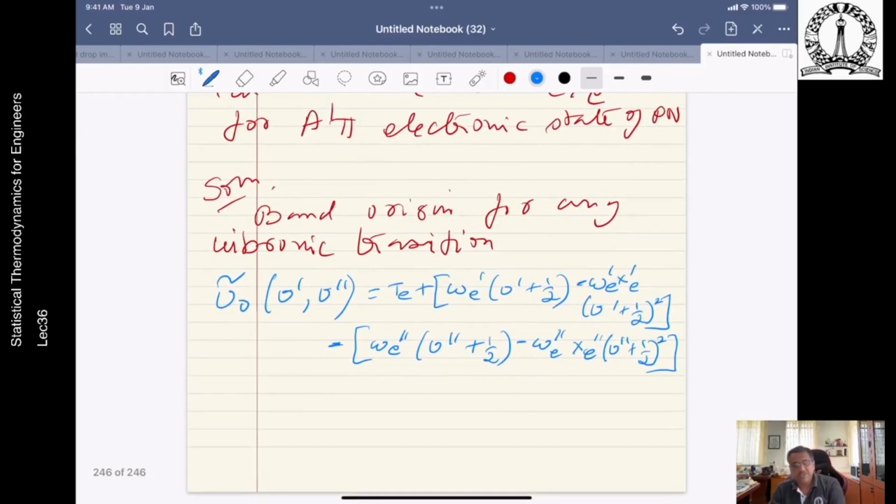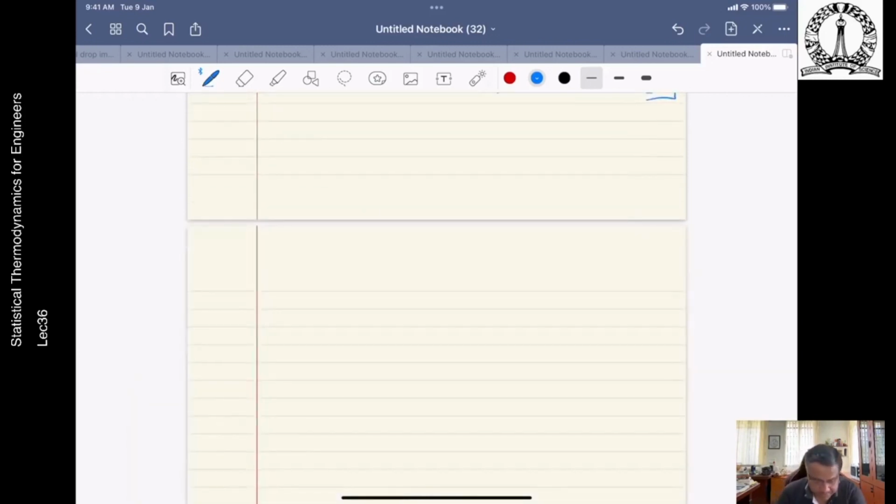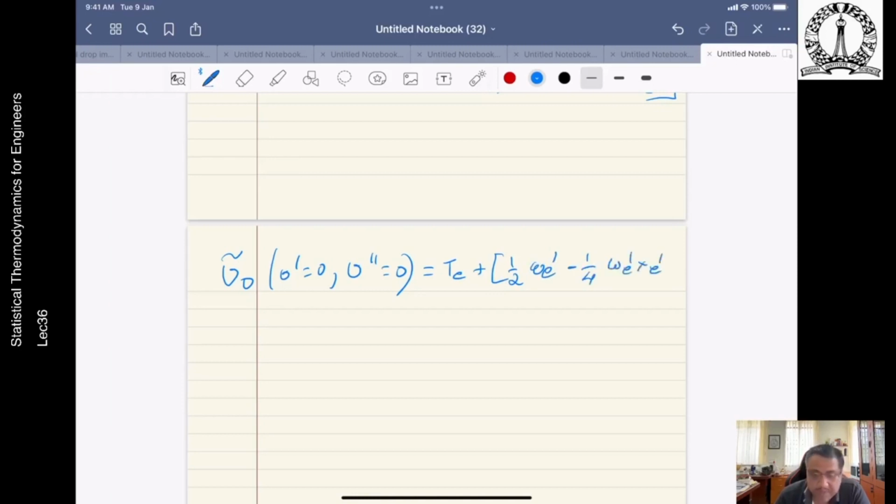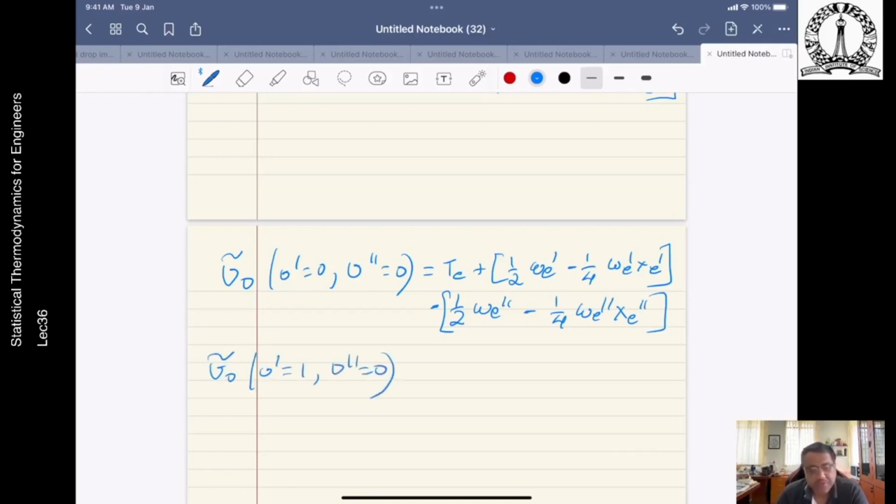Now for the specific transitions indicated in the above table, when v' equal to 0 and v'' equal to 0, T_0 is omega_e'/2 minus omega_e' x_e'/4, minus omega_e''/2 plus omega_e'' x_e''/4. Then for v' equal to 1, v'' equal to 0.